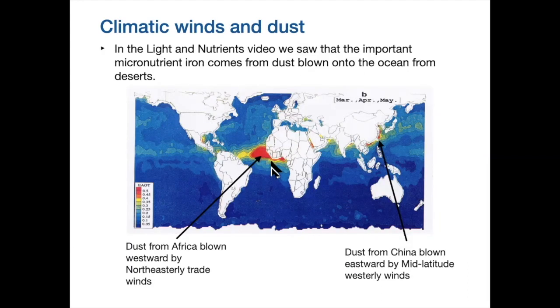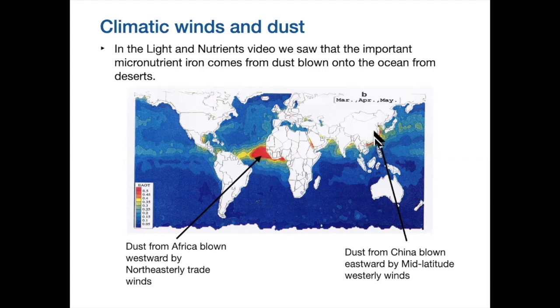In the light and nutrients video at the end of section 4.1, I showed this figure, and so now you can understand where these dust clouds are coming from or why they're in these locations. Off the Great Deserts of Africa, we're in the northeasterly trade wind belt.